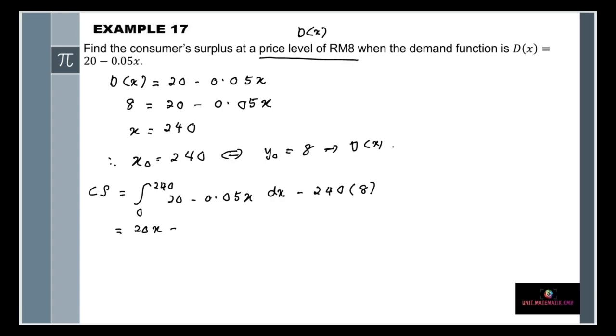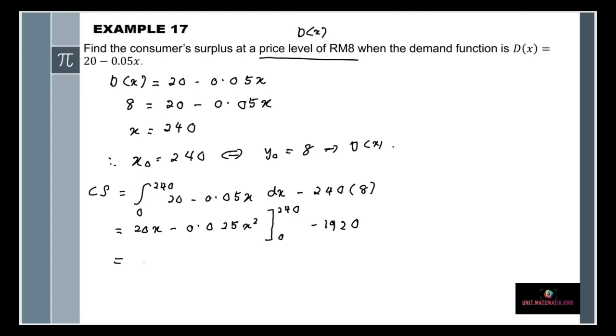20x minus 0.025x squared, and the limit of integration is 0 to 40, minus 1920. So the next step is we substitute.